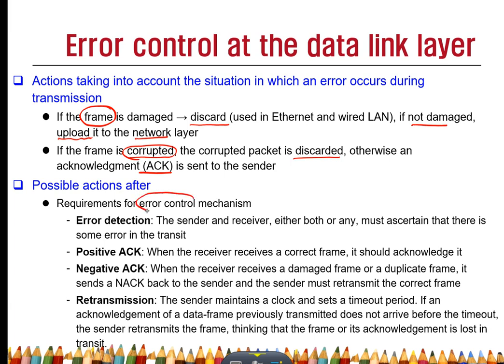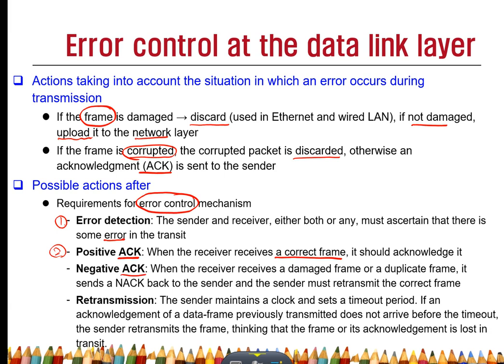What happens if some error occurs? There are some cases where we need to take action for error control. The first one is error detection: the sender and receiver, either or both, must understand that there is some error in transit. Next is positive acknowledgement: when the receiver gets a correct frame, it should acknowledge it, right?